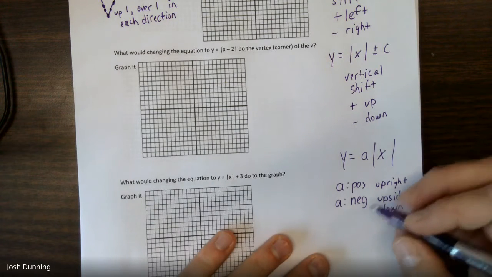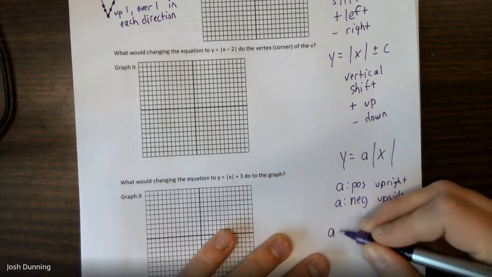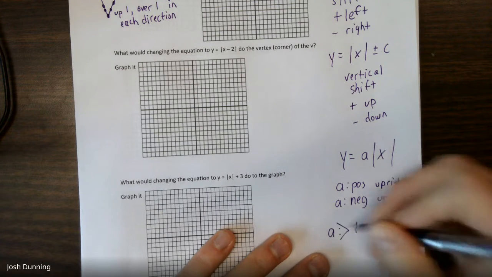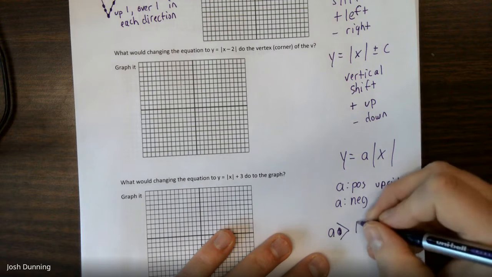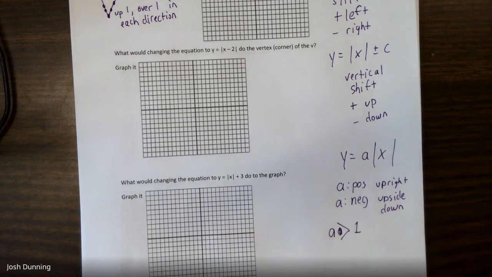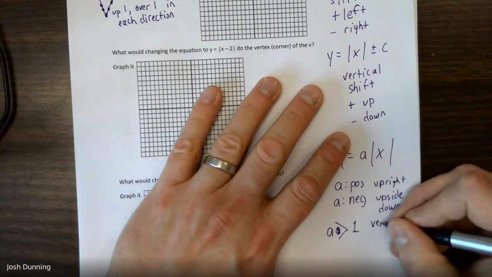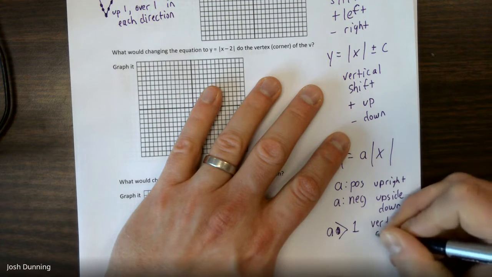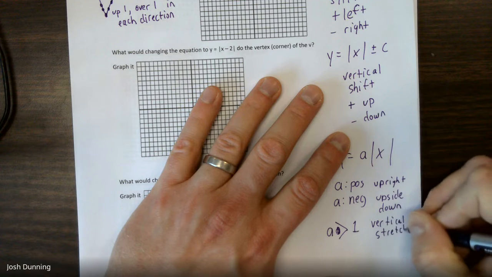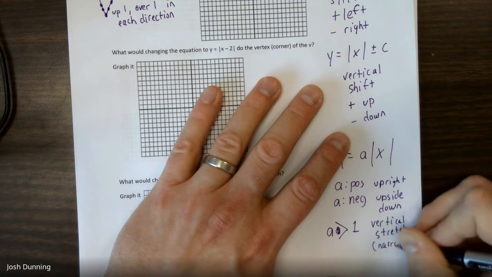Now, also, if this is greater than 1, kind of like a slope, the higher the slope you have, the sharper the V is. It's called the vertical stretch, and it gets narrower.